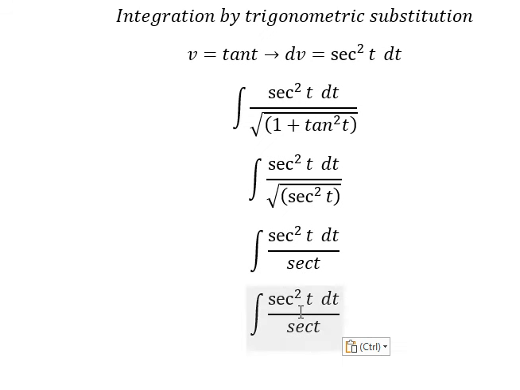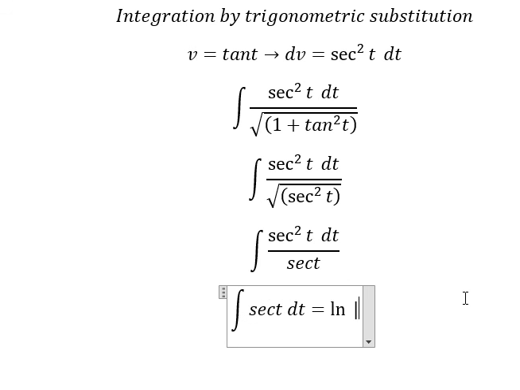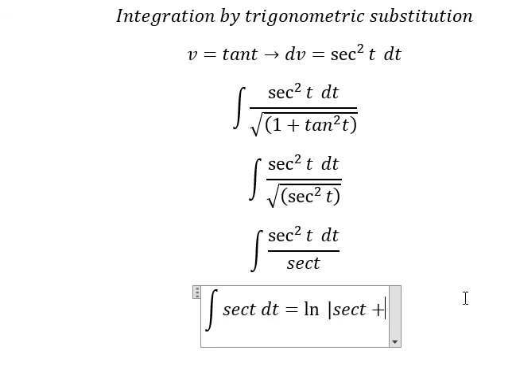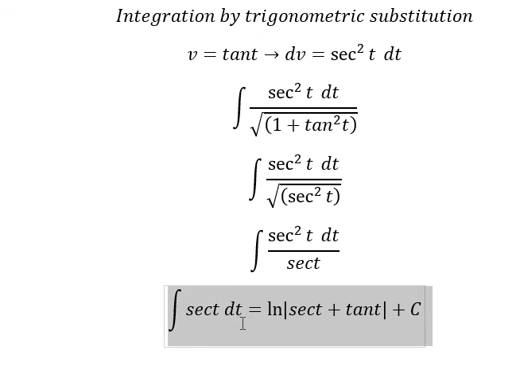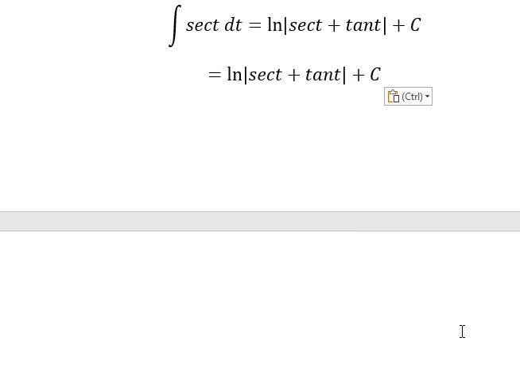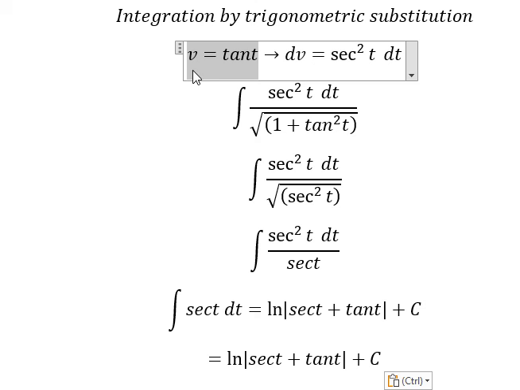Now we simplify the integration of this one. We have ln of the absolute value of secant of t plus tan t, and I will put about c. About t, that is about this one.